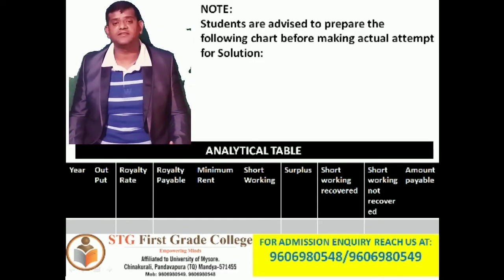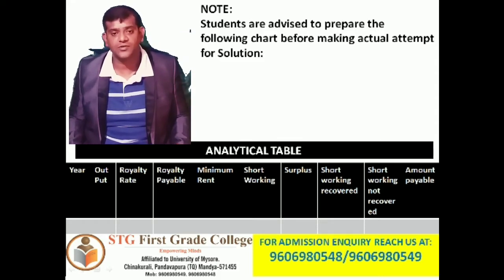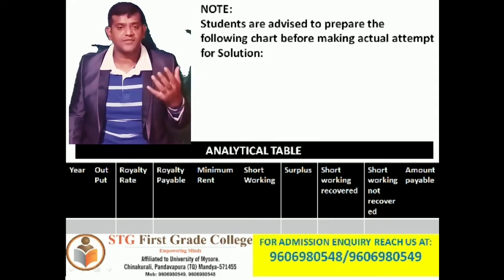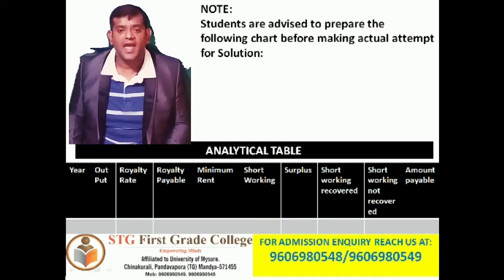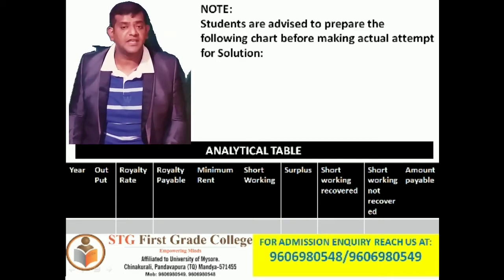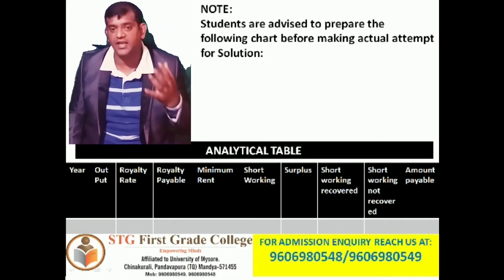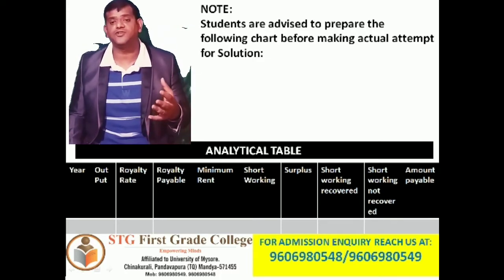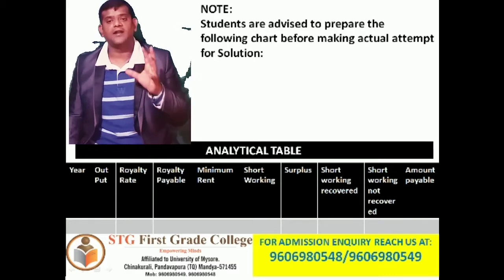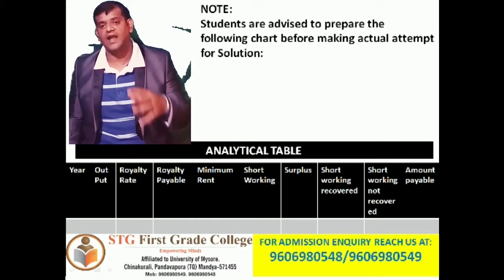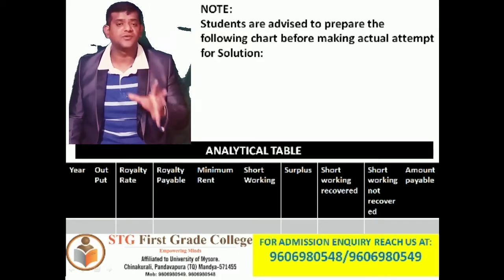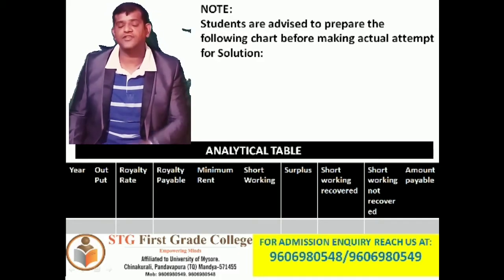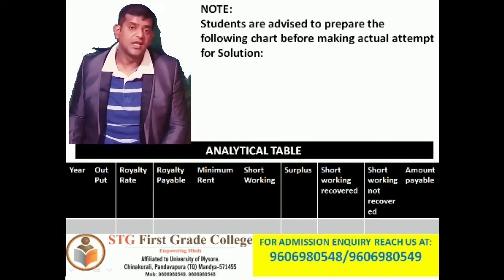Here we have columns: year, quantity, rate per unit, royalty, minimum rent, short working, short working recovered, short working not recovered, transfer to P&L account, and ultimate amount payable to landlord.